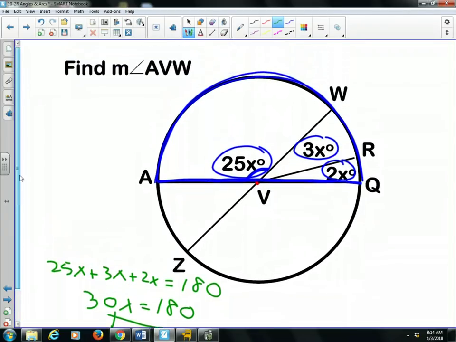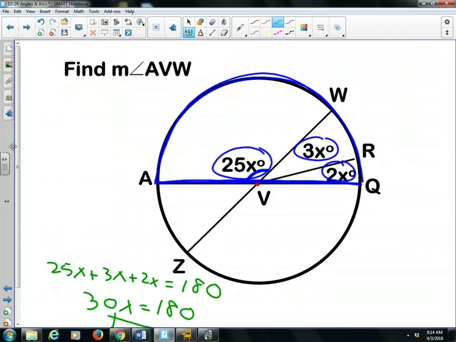So if x equals 6, AVW is 25 times 6, which is 150 degrees. Yes, 150 degrees. So angle AVW equals 150 degrees.